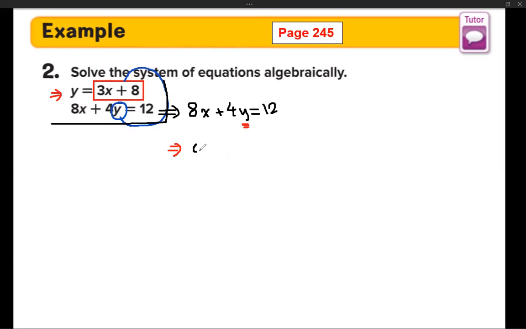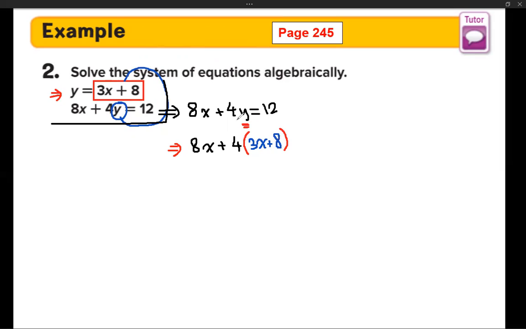So we have 8 times x plus 4y, but instead of writing y, what should we write? We should open parentheses, and between these parentheses put the value for y, which we just solved to be 3 times x plus 8. So we can replace it like this: 3 times x plus 8.